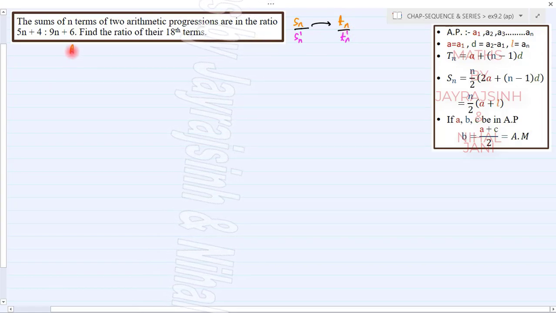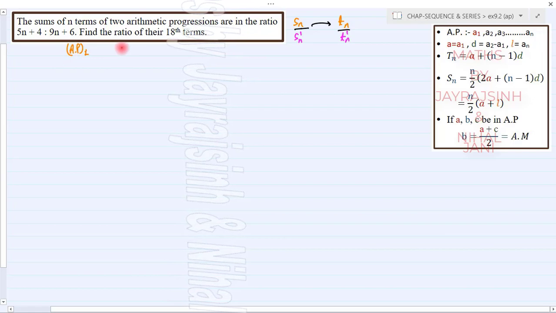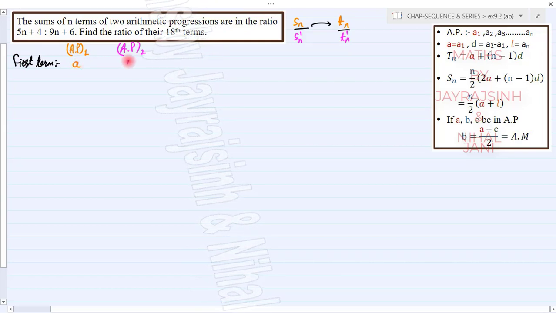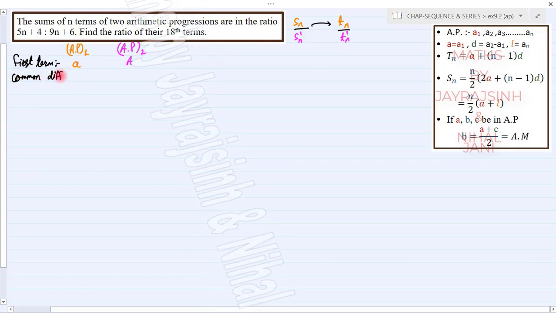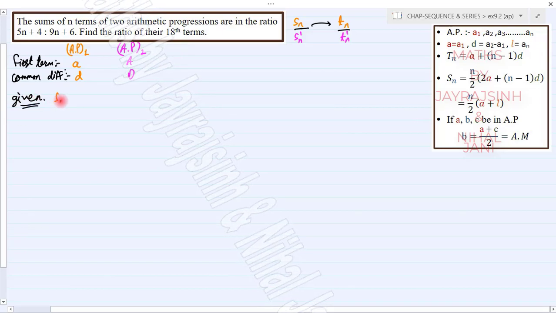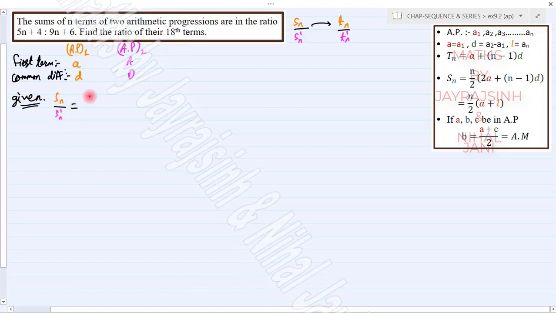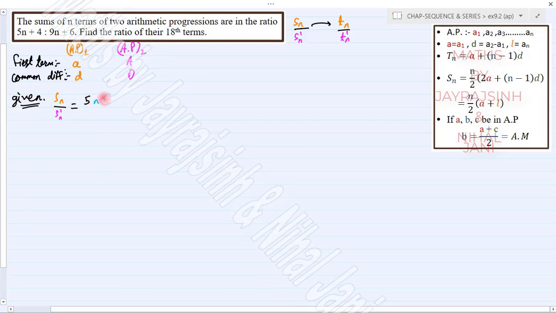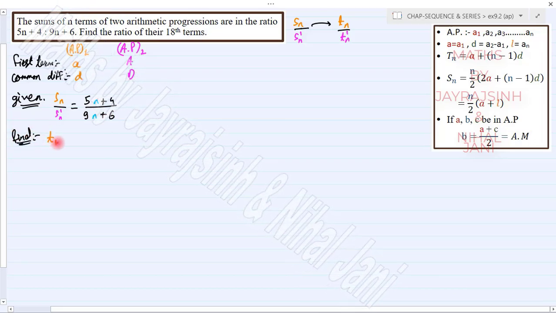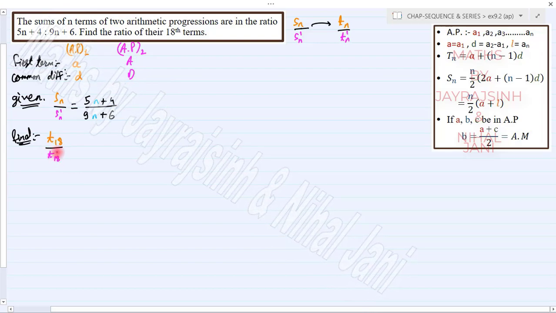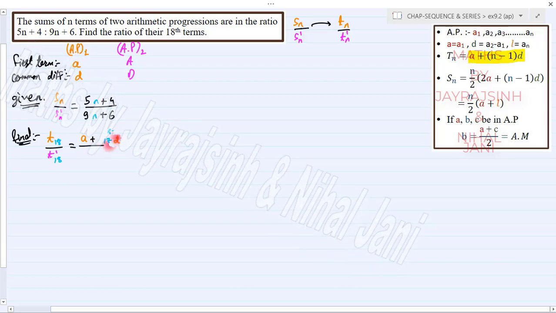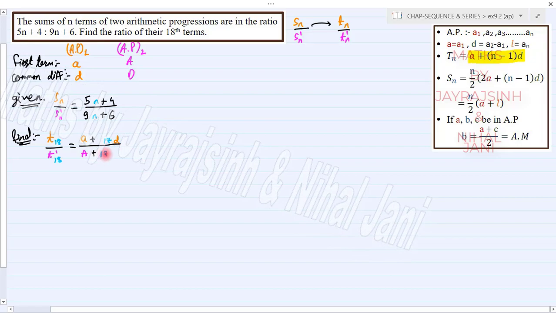So, first of all, you have to consider two arithmetic progression series in which the first terms are small a and capital A respectively and the common differences are small d and capital D respectively, and it is given that the sum of n terms of these two APs is in the ratio of 5n plus 4 to 9n plus 6, and we have to find the ratio of the 18th term, a plus 18 minus 1, or we can say 17d upon capital A plus 17D.